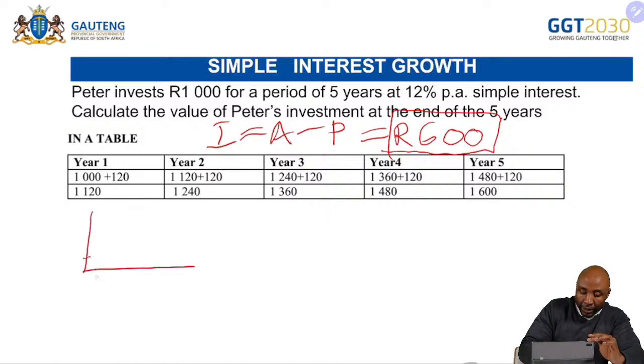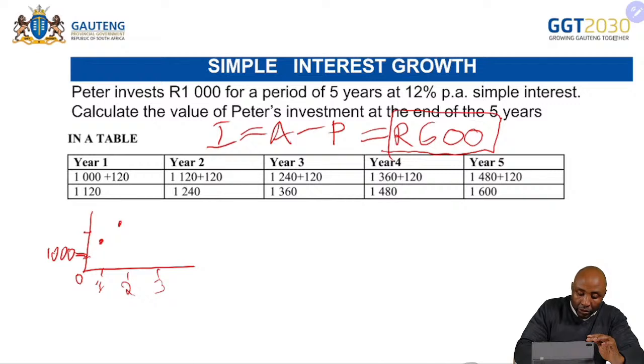We start with our 1,000 at year 1, T0. We have year 2, year 3, and then we put our amounts this side. If we start with 1,000, we'll go to 1,120. You will have a point there at 1,120. You have a point at 1,240.